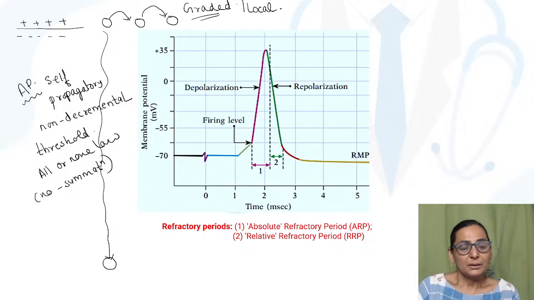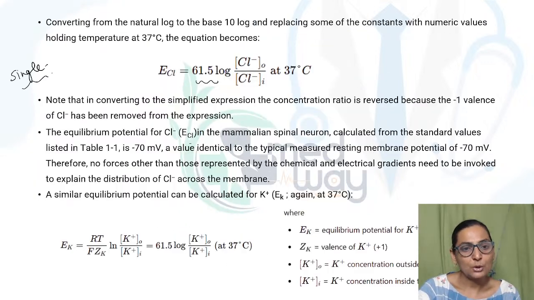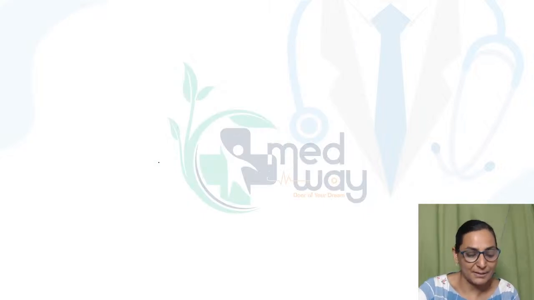Now, what is this action potential now? See, this is the action potential of a neuron. How do I come to know that this is the action potential of a neuron and it is not because of the cardiac muscle, or it is not because of the skeletal muscle?